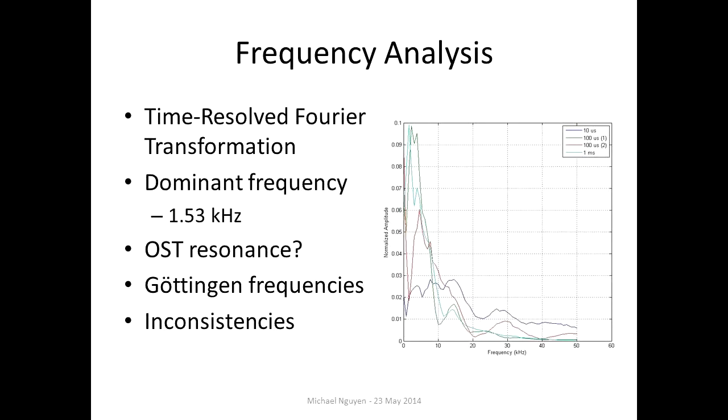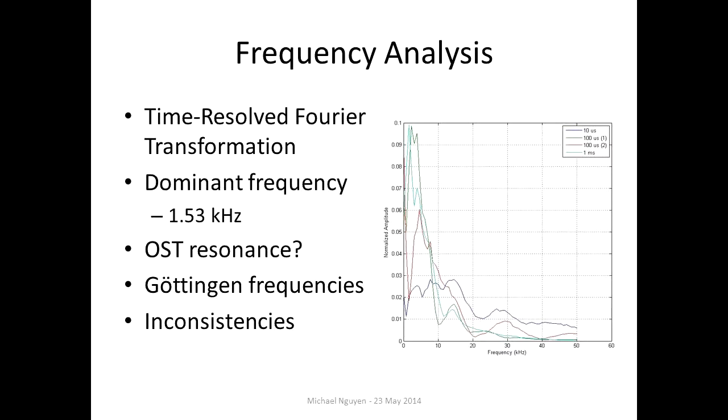Next, I looked at the frequency response of the OST signals. For this, I used a time-resolved Fourier transform because I wanted to isolate the OST signal in time. I took averages over pulses with similar pulse lengths, because I found that the waveforms were very similar despite the different amplitudes.